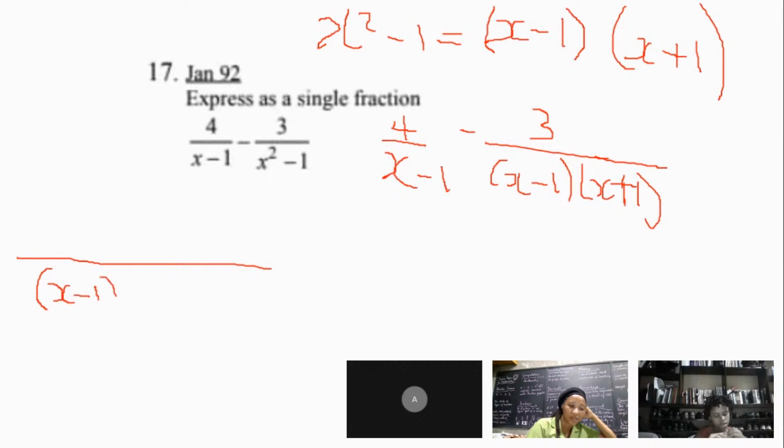That's the LCM, because this factor is already represented in this. All right, so using this as the LCM, continue now. So divide it by this. x minus 1 into x minus 1 goes 1 times. So that cancels out. So we're left with 4. So that's 4 times this.